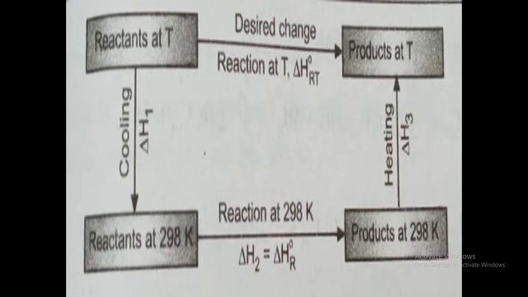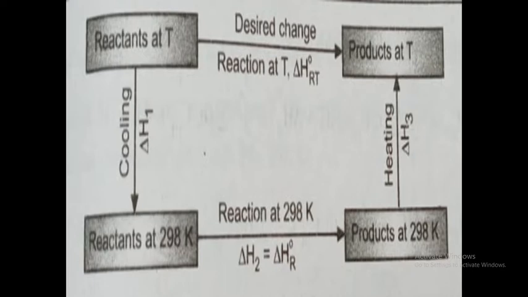Why is the enthalpy change equal to delta H R naught? The standard heat of reaction is the enthalpy change associated with a chemical reaction when both the reactant and product are in their standard state. What is the standard state?